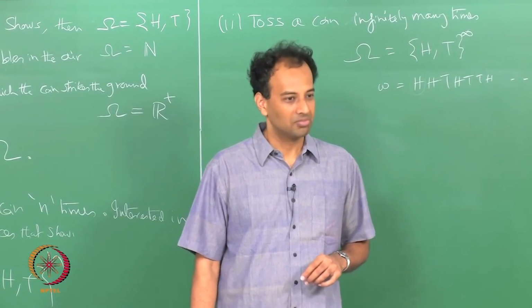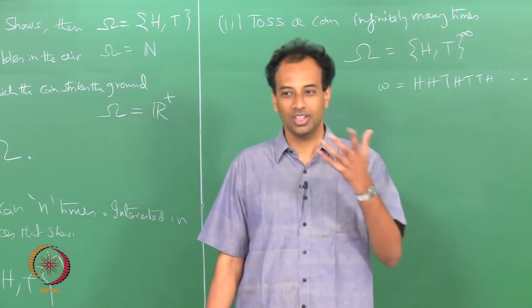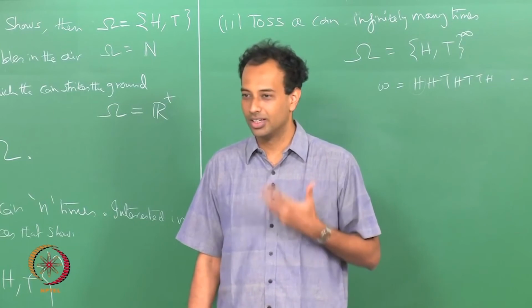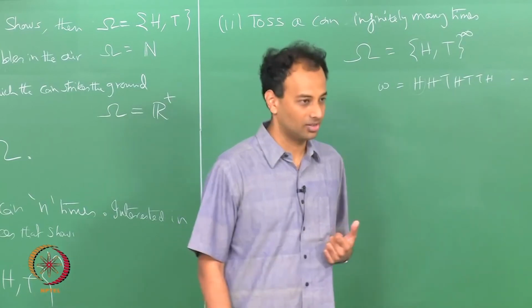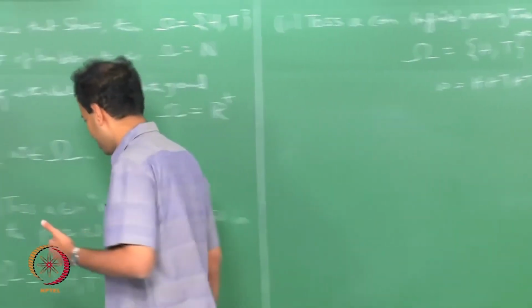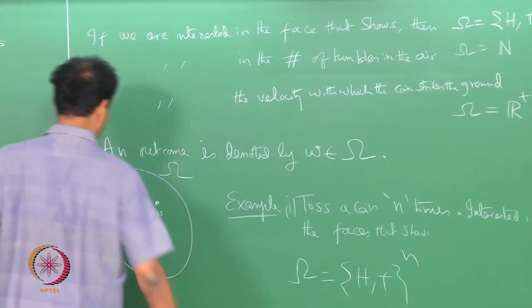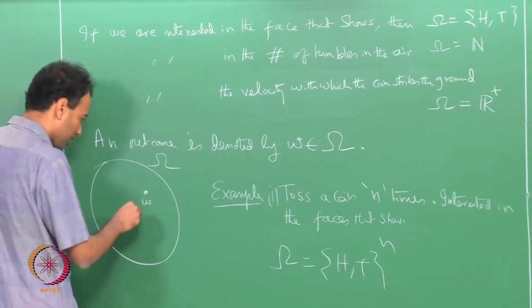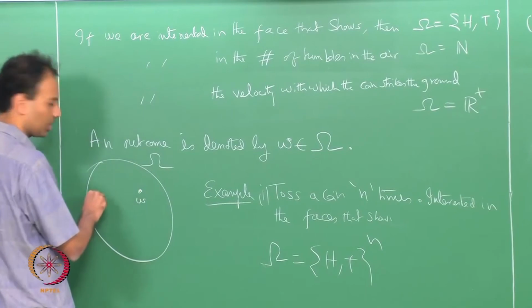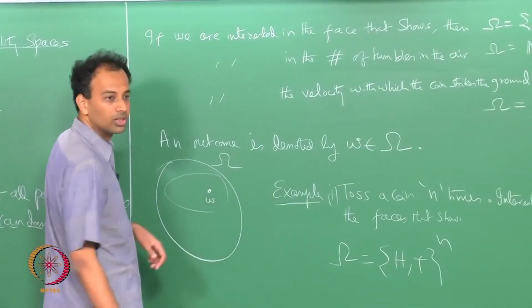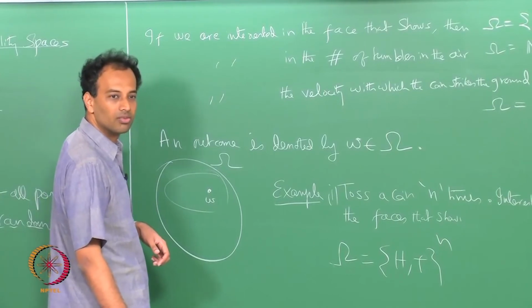Those are things that are of actual modeling interest. You may not really care whether this elementary outcome showed up or some other elementary outcome showed up, but you may say, did that subset show up?